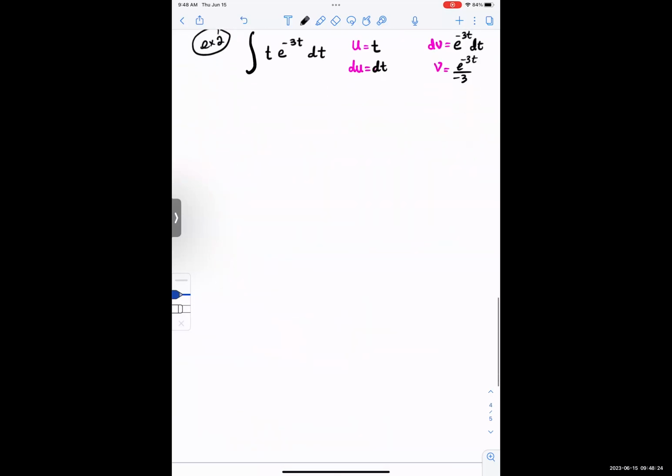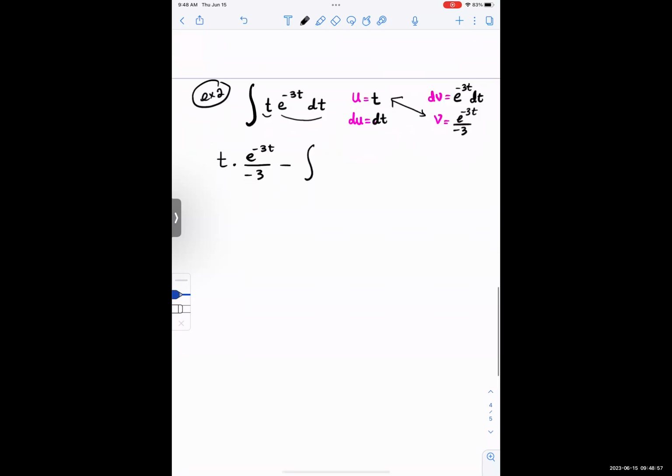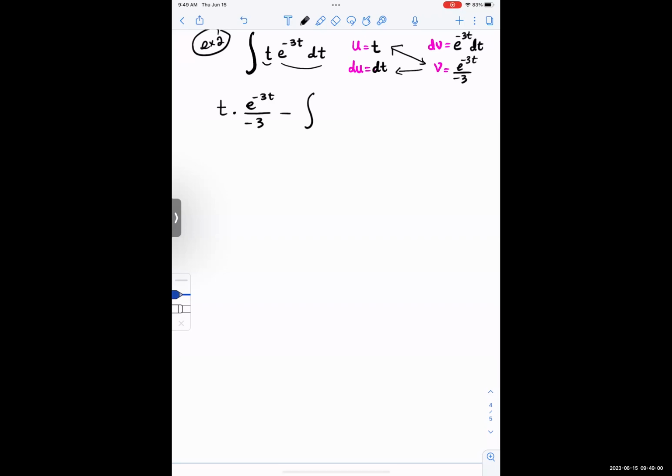The u dv, which was here, becomes uv: t times e to the power negative 3t over negative 3, minus the integral of v du: e to the power negative 3t over negative 3 times dt.